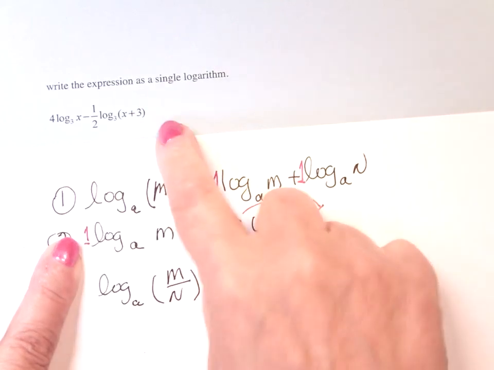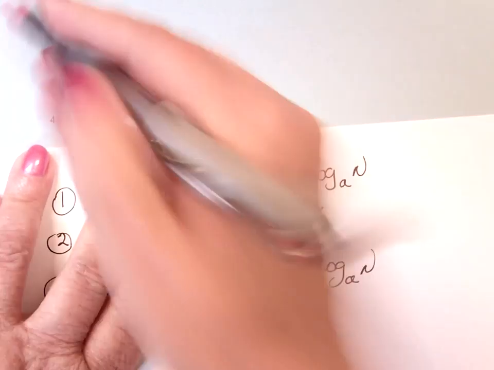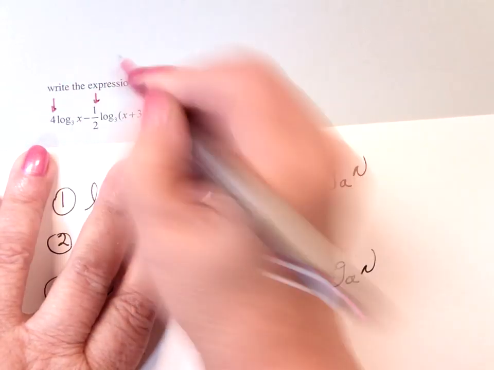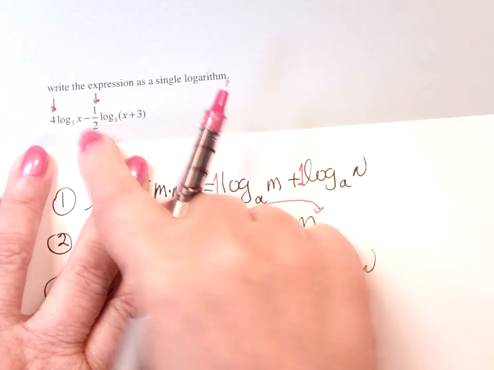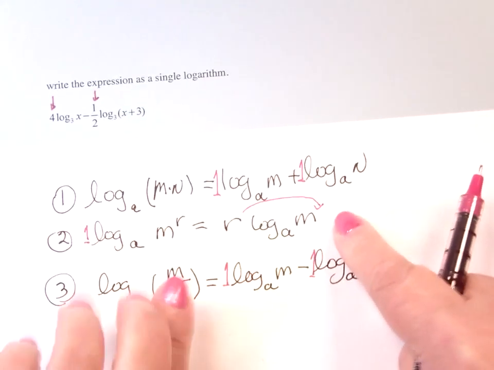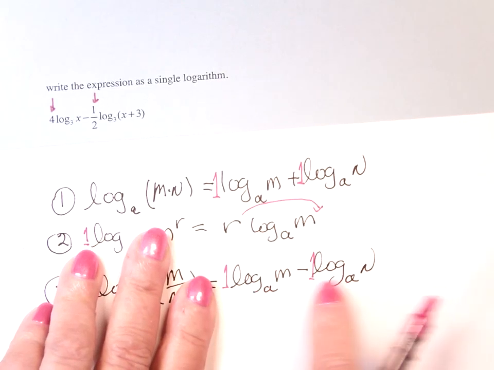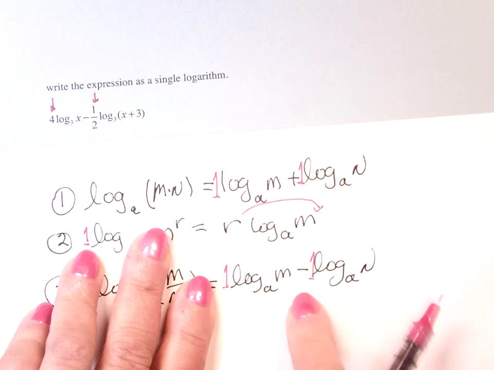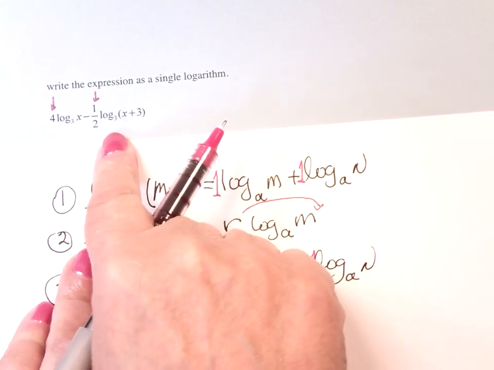As I look at this problem right here, I notice that the coefficient of the logarithm here and here isn't 1. So I can't bring these back together under the subtraction rule unless the coefficients are 1.